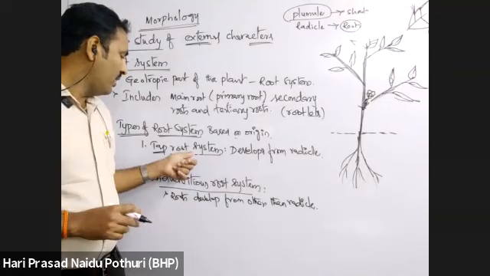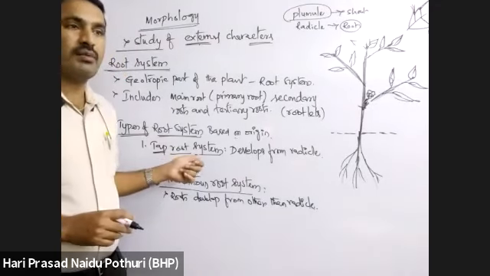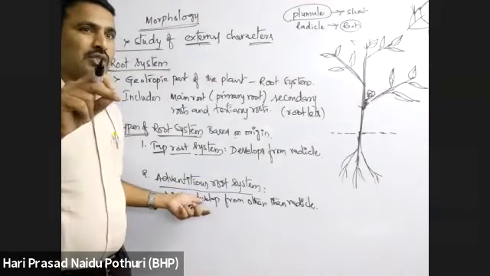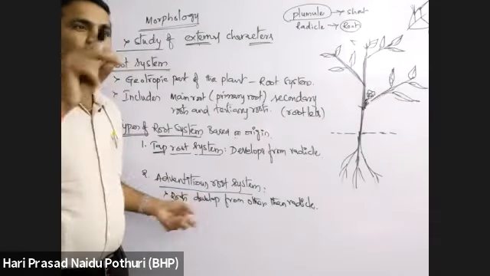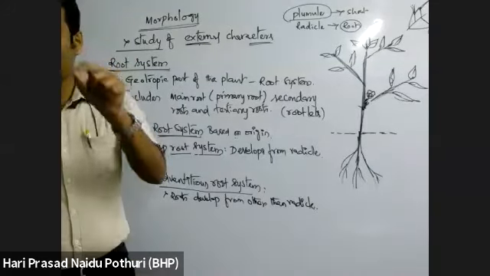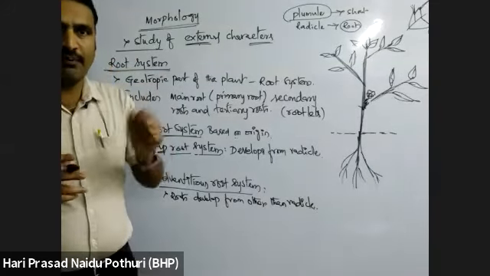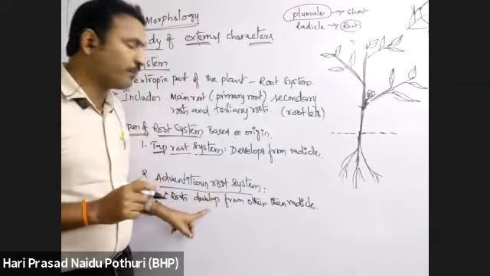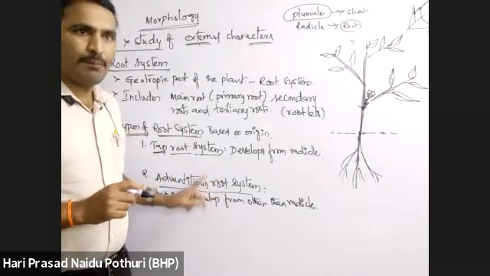If you see, in dicots, a taproot system is majorly developed. Monocots also develop taproots. Because how will a monocot plant develop? A seed will be there. From that seed only there is development of the main plant. So when a seed is germinating into a plant, first there is development of the taproot only. But it also develops adventitious roots.